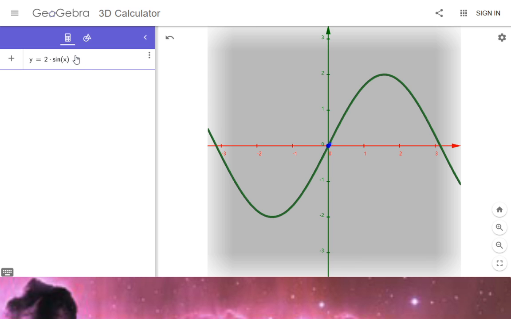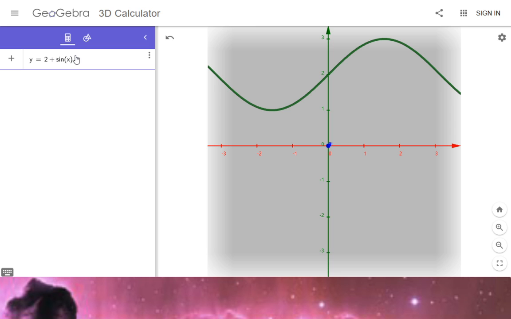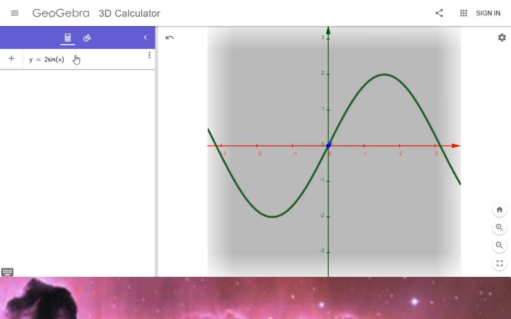If I do 2 plus, what it does is it adds, it's actually sine of x plus 2, because 2 is a C value. If I multiply it, well, I'm already multiplying the sine of x times 2. That means the amplitude is 2 units high.